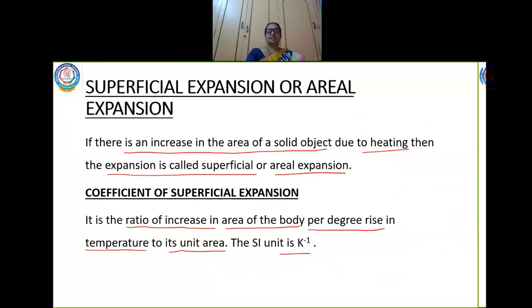Then we'll go to the next topic, which is called superficial expansion or areal expansion. Here it talks about increase in area of a solid object due to heating. Then the expansion is called superficial expansion. Again, it is the ratio of increase in area of the body per degree rise in temperature to its unit area, and the SI unit is per Kelvin.